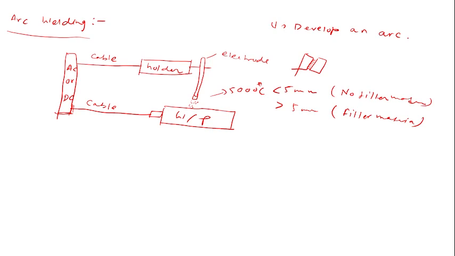A spark is very instant, it is for an instant of time only. An arc will burn continuously. There will be large current in your arc and small current during the spark. That is your arc, you should know what an arc is.